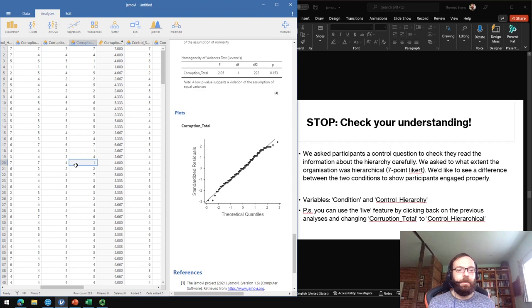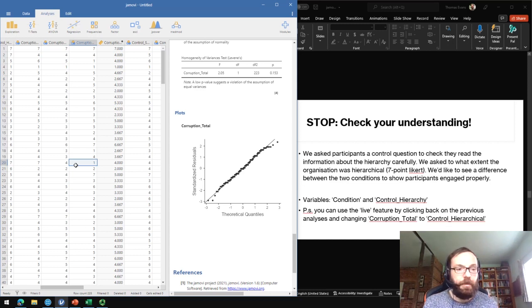In particular, we at several points said it is a hierarchical, or it isn't a hierarchical organisation, and obviously provided the diagram which illustrated that. We asked participants essentially, to what extent do you believe this organisation is hierarchical? And they responded on a 7-point Likert style scale.